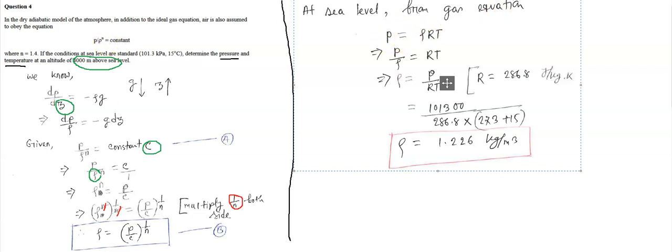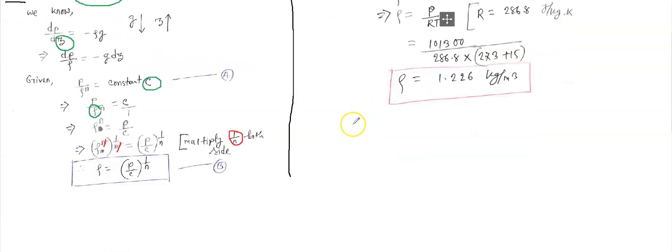If we divide both sides by rho, we get P over rho equals rho RT over rho, so we can eliminate rho and rho, and it will be RT.